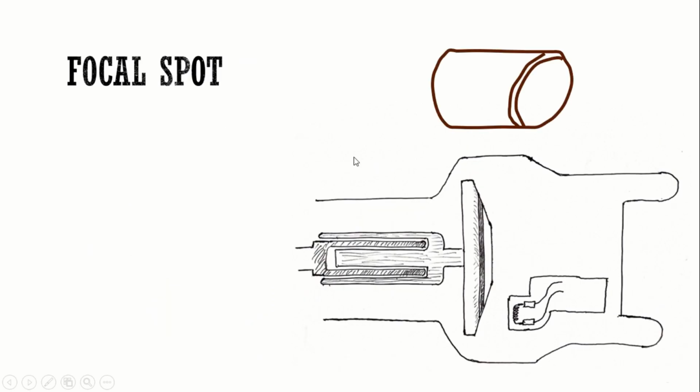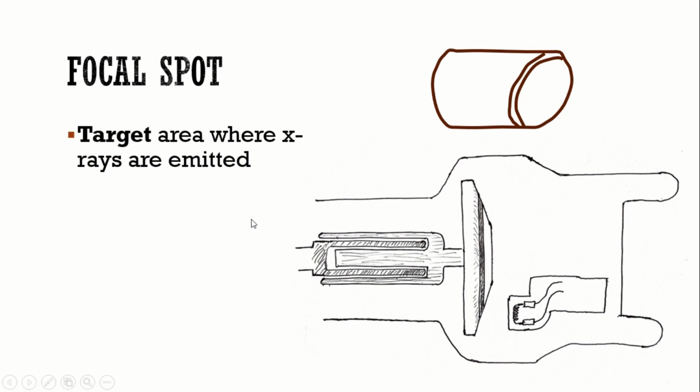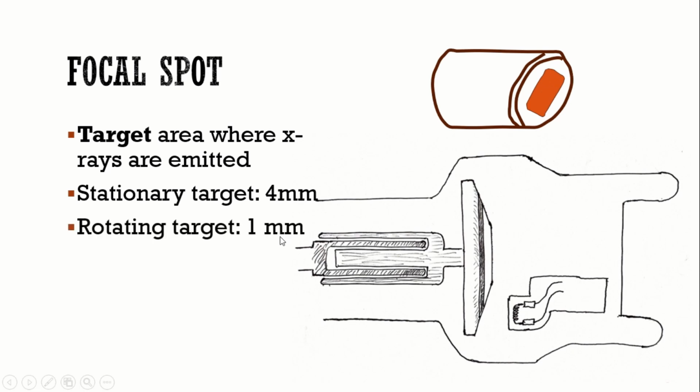Okay, next, focal spot. The focal spot is a target area where X-rays are emitted. For stationary focal spot, 4 mm. For rotating target, you have 1 mm.